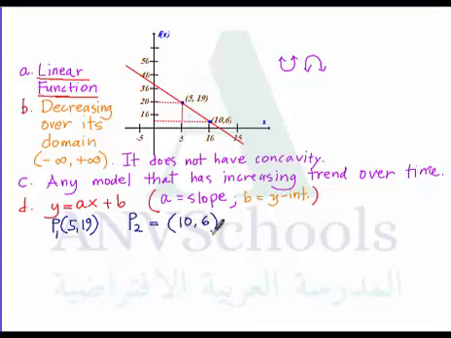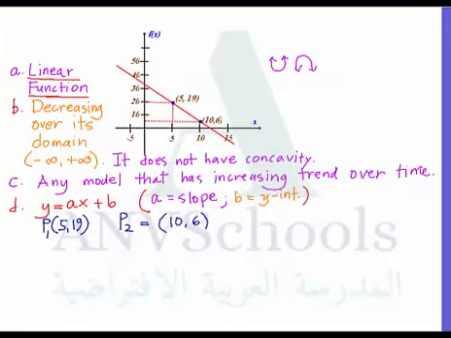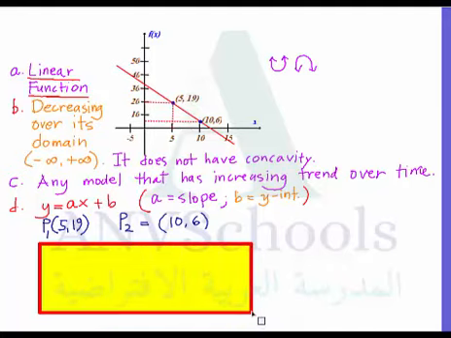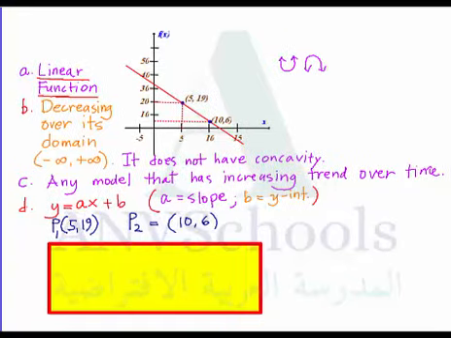Now, acknowledging the general form for a linear function, we are going to substitute our x and y values. These are our x and y values, by the way. This is our x and this is our y for these pairs of points.